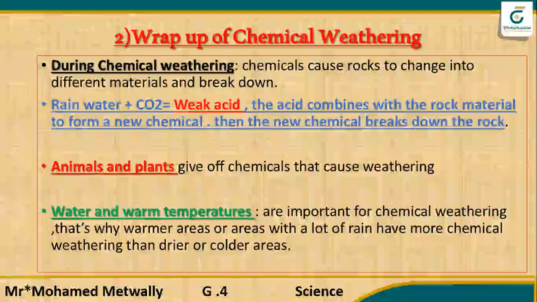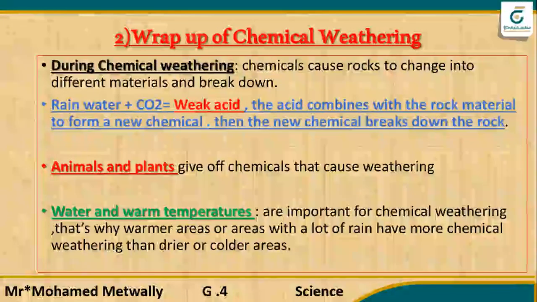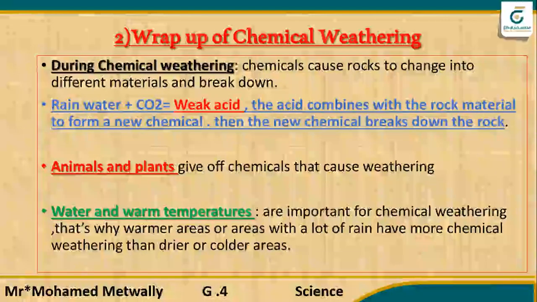The weak acid is a chemical component. You will study chemistry when you get to grade 8, I think. So you have to know this little information right now, which is weak acid. Weak acid is a chemical component which comes from the mixing of rainwater and carbon dioxide.